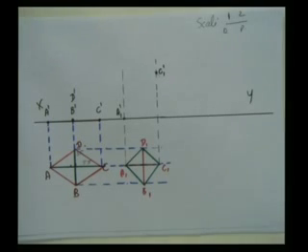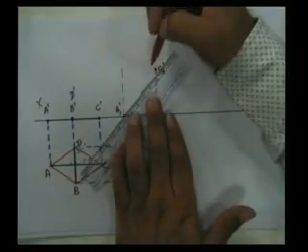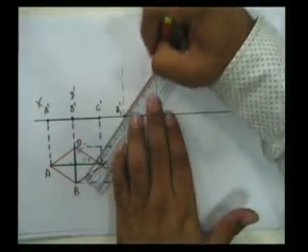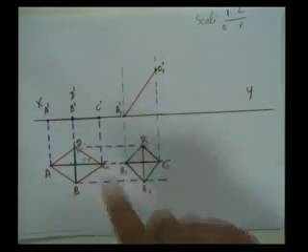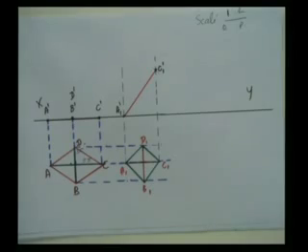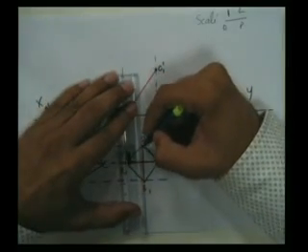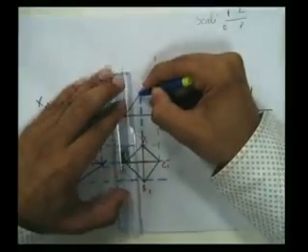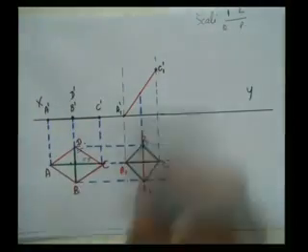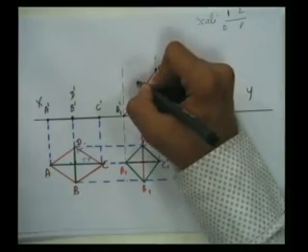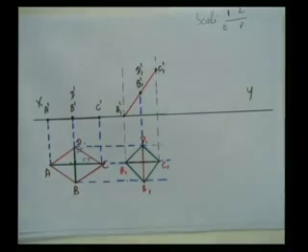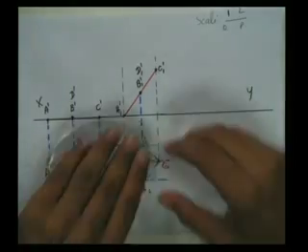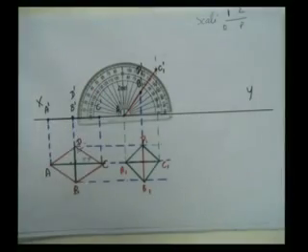And once I join this line, this is the line which will be making an angle, and I will extend it upwards. This point is B1 dash D1 dash, and now I'm measuring the angle which I get.